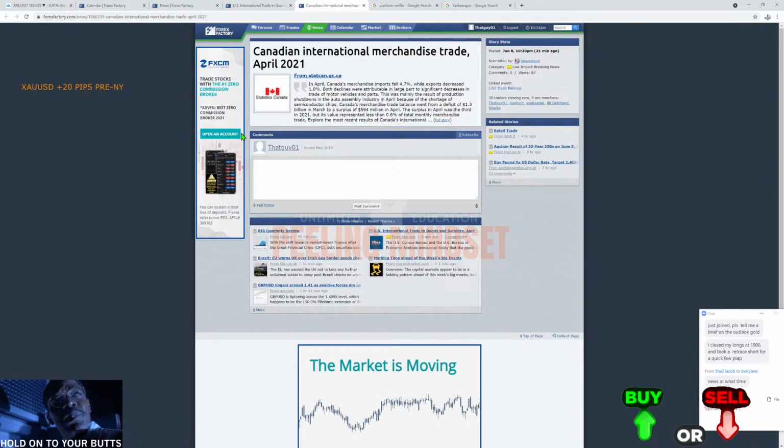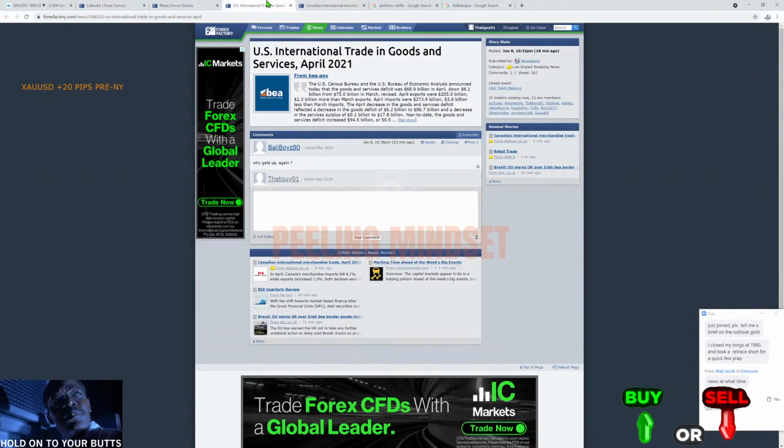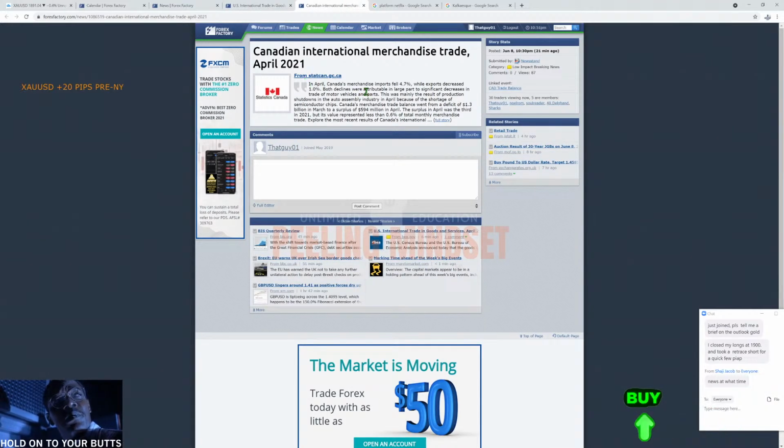That is something some traders keep their eyes open for, right? This international trade imbalance report, so maybe that's actually moving the market at this stage.